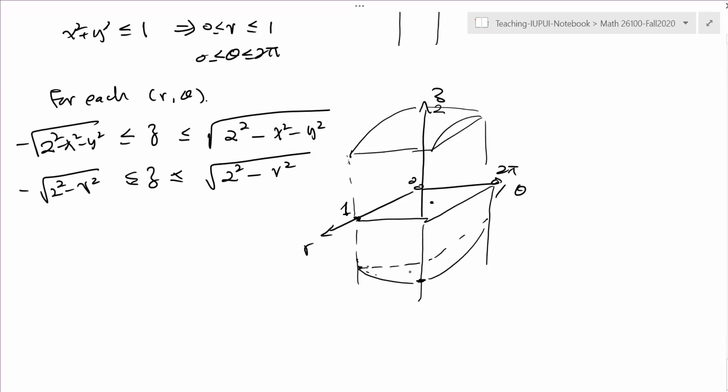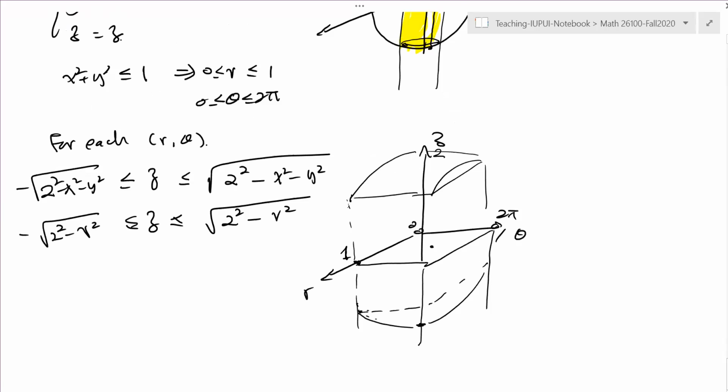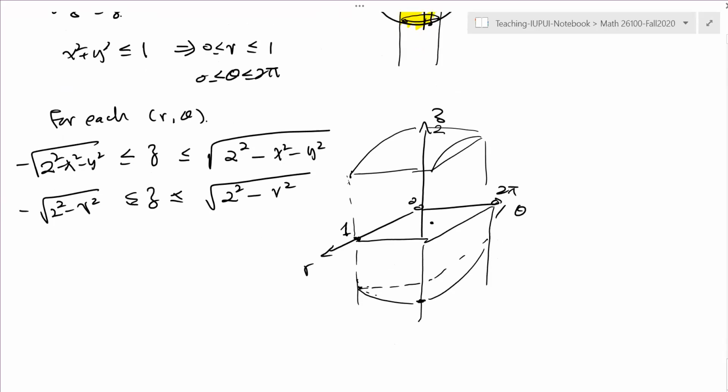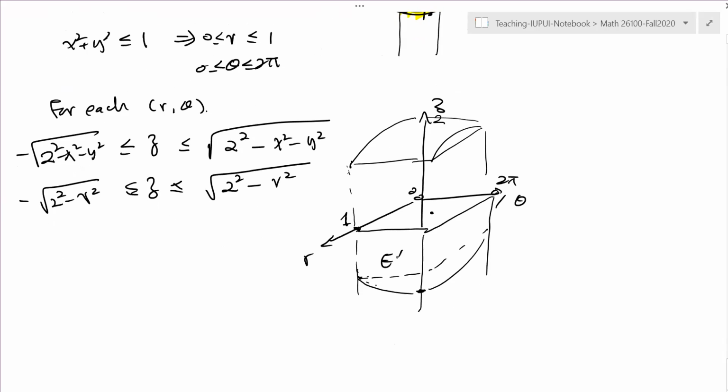Anyway, let's stop here. So this is a solid, and it's better over the rectangle. This is my E prime.